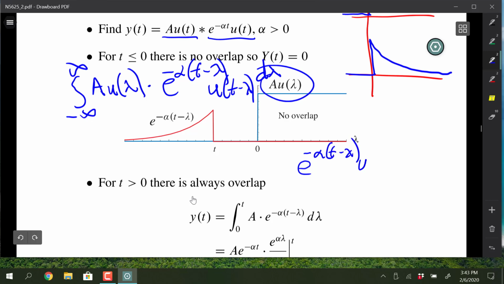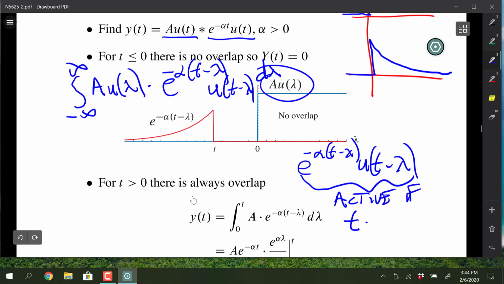t minus lambda times u of t minus lambda, the first thing you have to do is establish where does it lie on the lambda axis for t as a parameter. So I look at this function and I know globally that this is active if t minus lambda, the argument, is greater than or equal to 0.